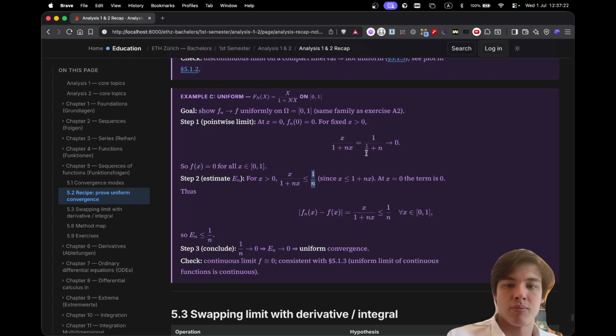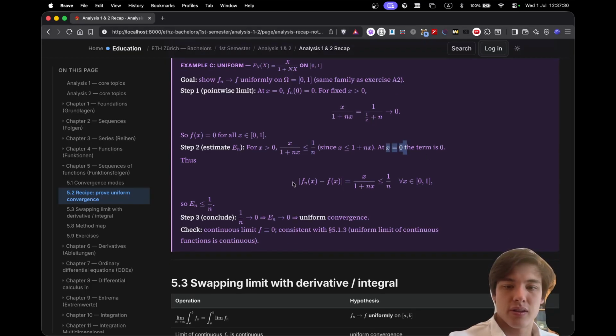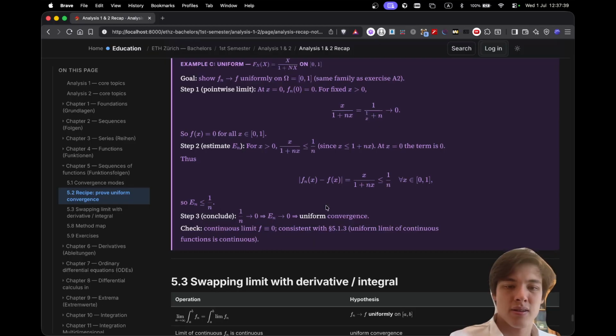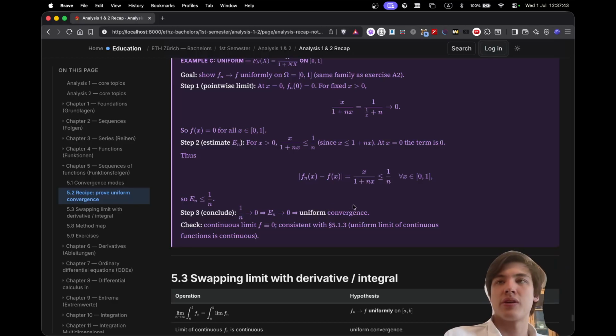We have a positive number here, make it smaller. At x equals 0, the term is 0, so this one is smaller than this, and this only depends on n. So we can say it converges uniformly.